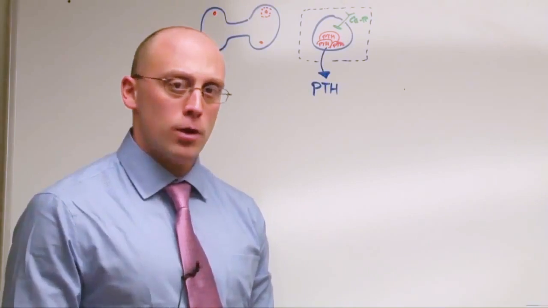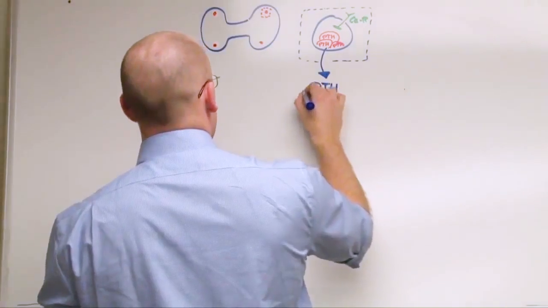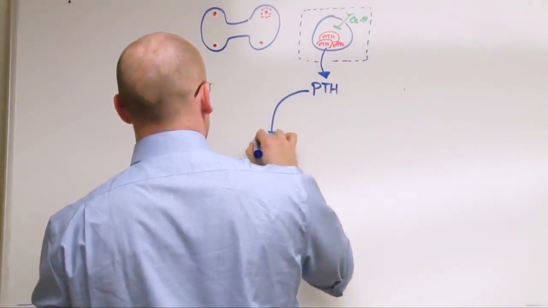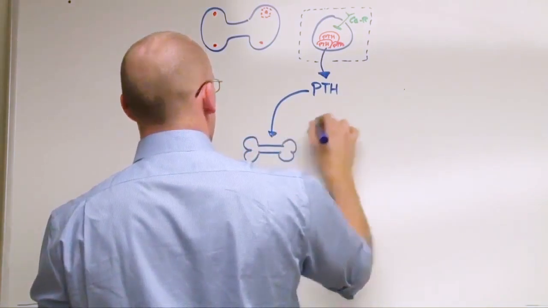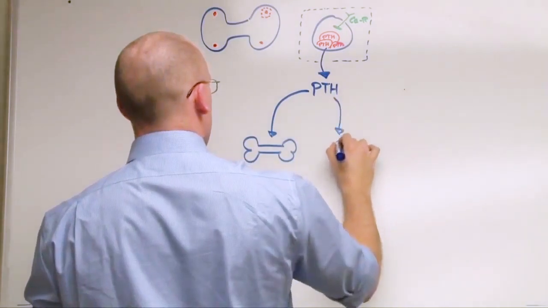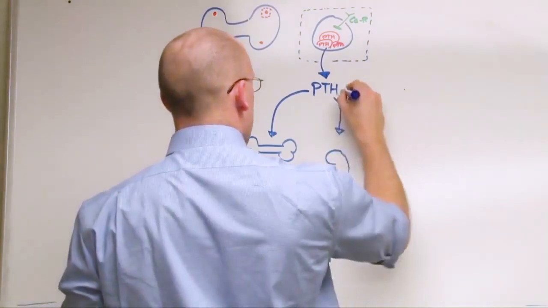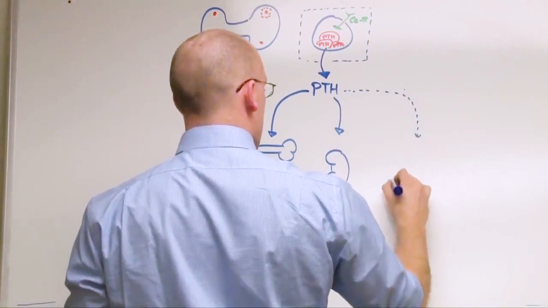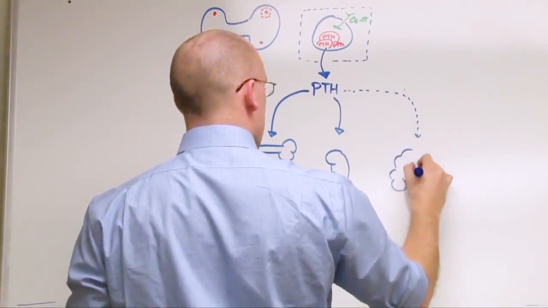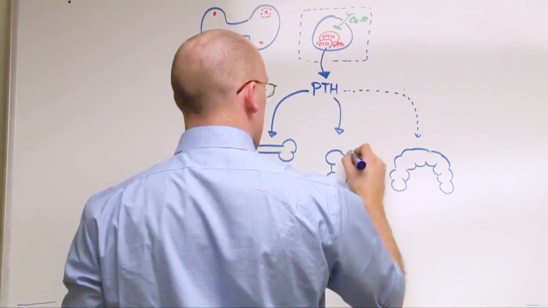And parathyroid hormone enacts effects on 3 different organ systems: the bone, the kidney, and indirectly in the gut. And it is indirectly by means of the kidney.